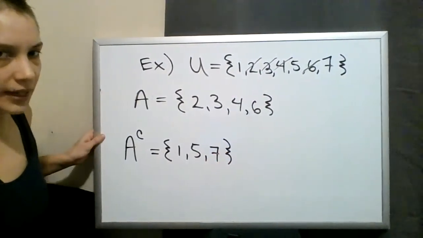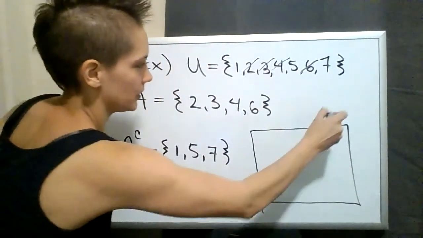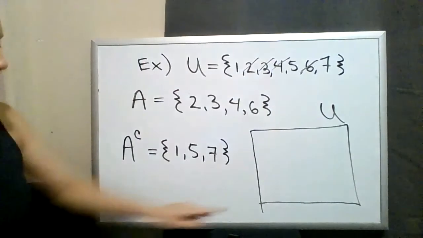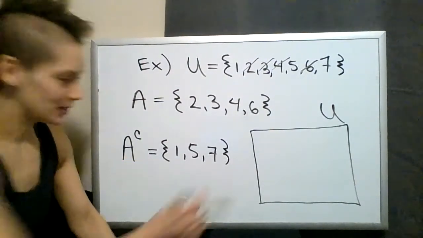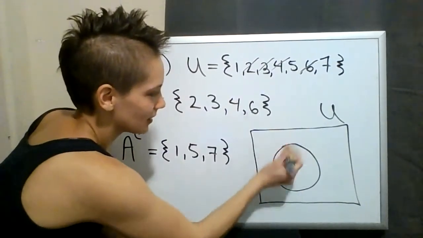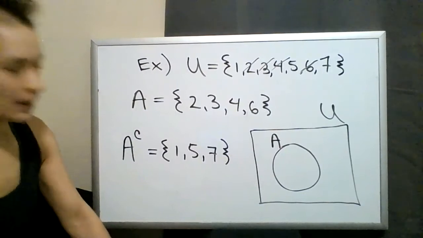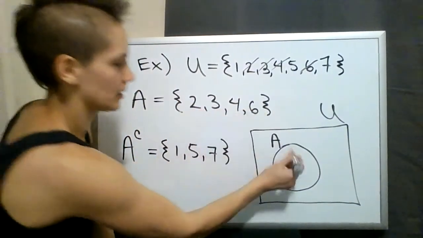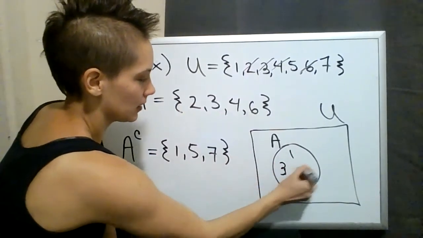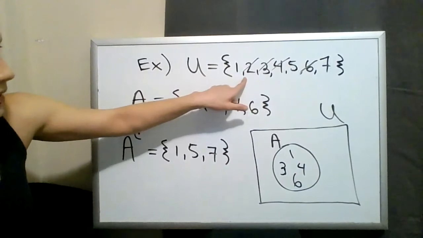And we were drawing Venn diagrams, so we will do a sketch of the space. Is A. A has 2, 3, 4, 6. And then the universe contained 1.